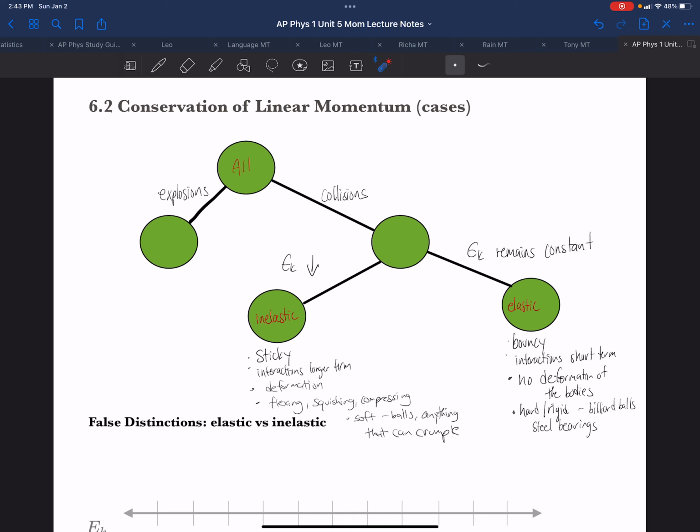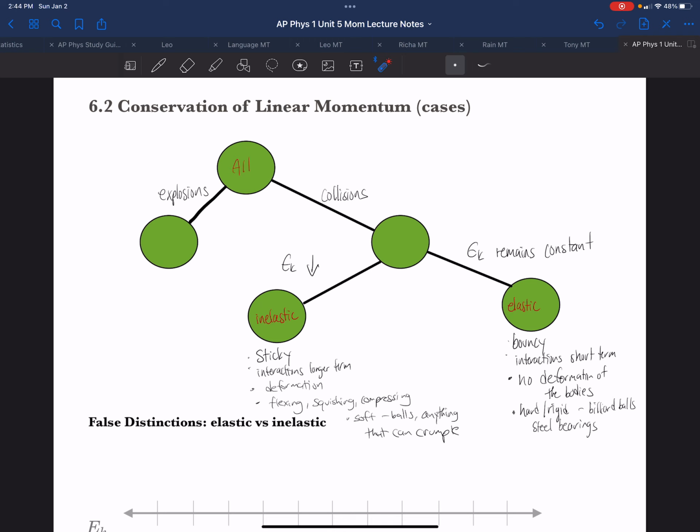So when it comes to interactions with conservation of linear momentum, we've got all our interactions. Some of them are explosions and some of them are collisions. That's the first thing we want to ask ourselves: is this an explosion or is it a collision? Whenever we have particles interacting with each other or changing their motion, we think momentum first. Once we've established it's a collision, we ask ourselves, is it bouncy or is it sticky?